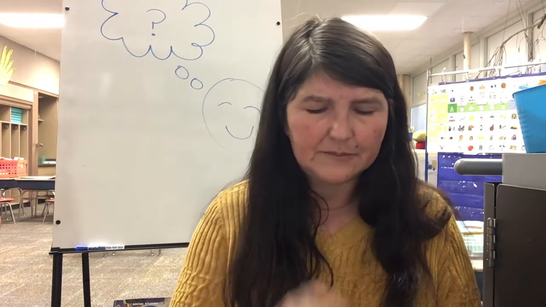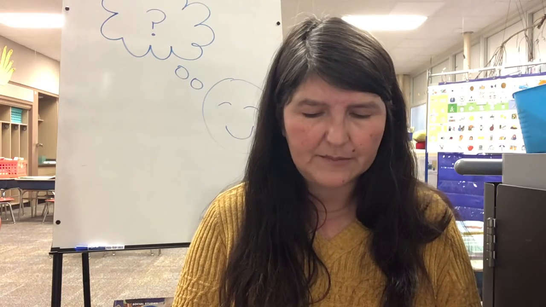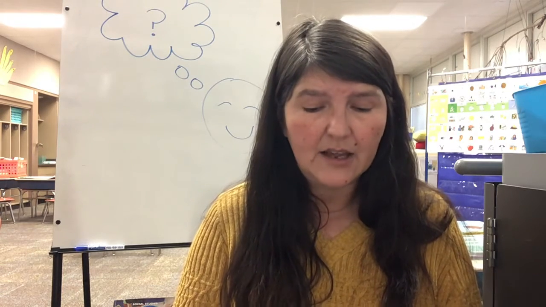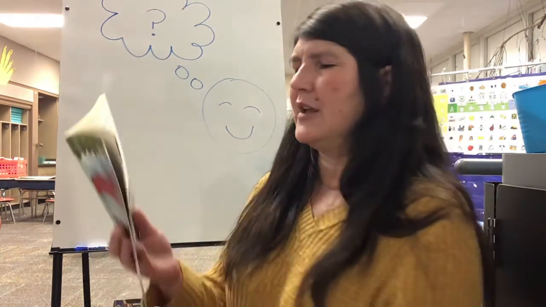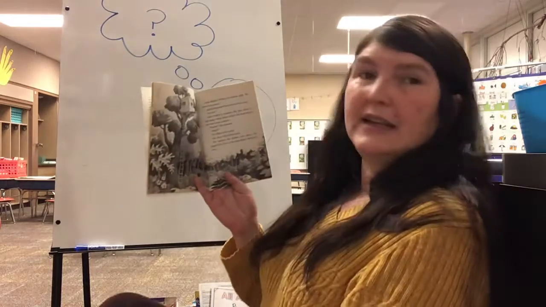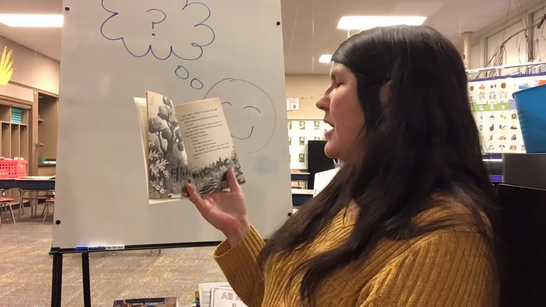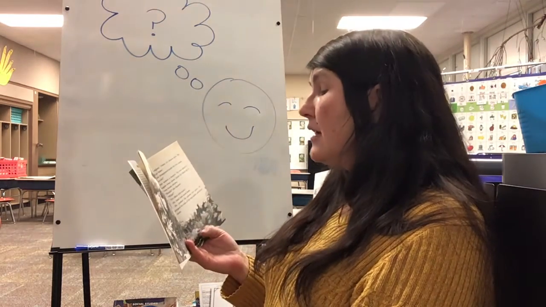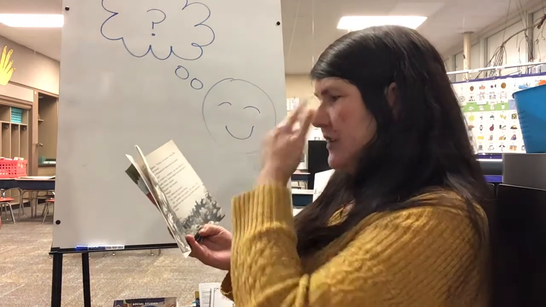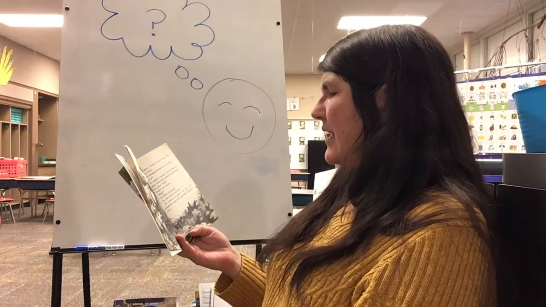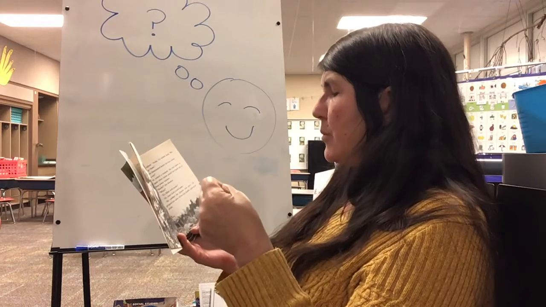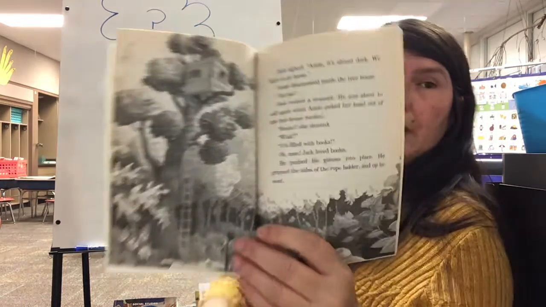"Annie!" Jack waited a moment. He was about to call again when Annie poked her head out of the treehouse window. "Books!" she shouted. "What?" "It's filled with books." Oh man, Jack loved books. He pushed his glasses into place. He gripped the sides of the rope ladder and up he went.